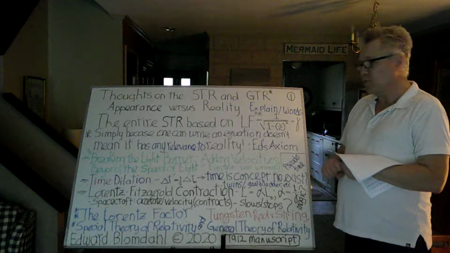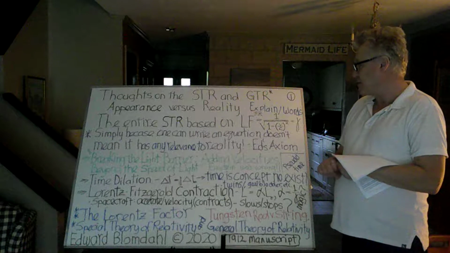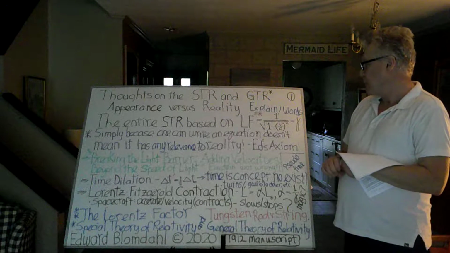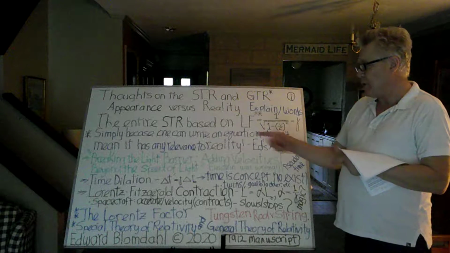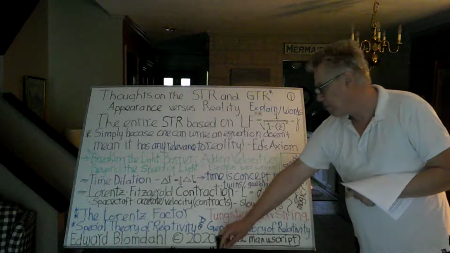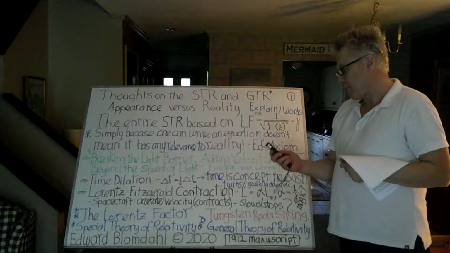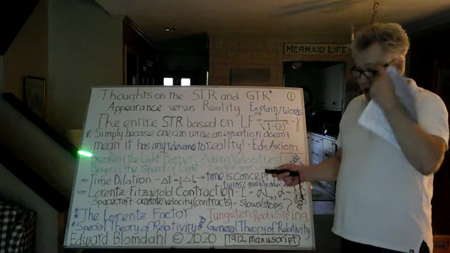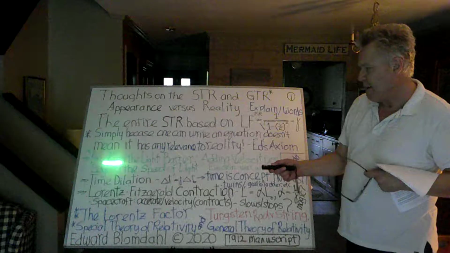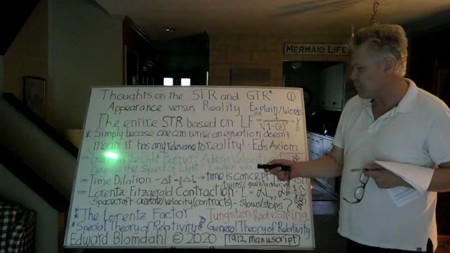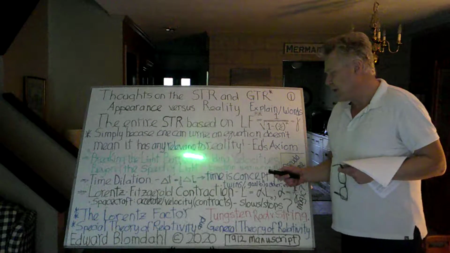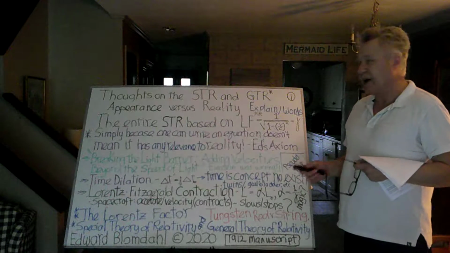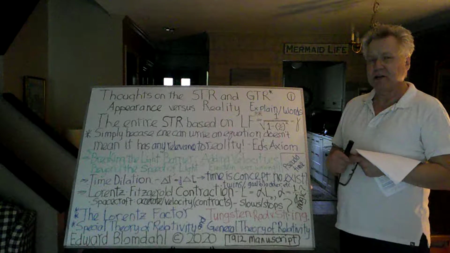So I think that was a problem with Mr. Einstein's thinking there. I came up with a paper that's on YouTube, titled "Breaking the Light Barrier, Adding Velocities Beyond the Speed of Light," and that's exactly what it does.